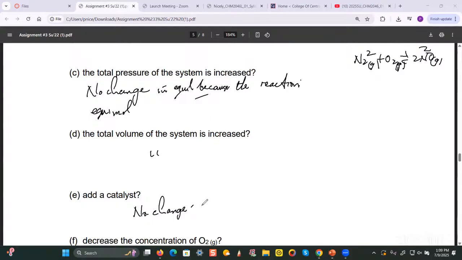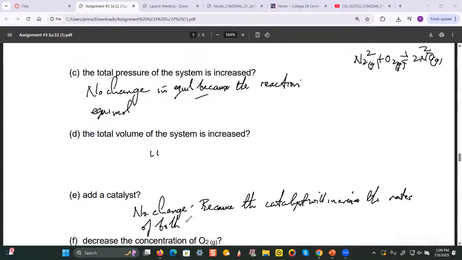So no change because the catalyst will increase the rates of both forward and reverse reactions. All right, so as a result, there will be no change in the equilibrium position.